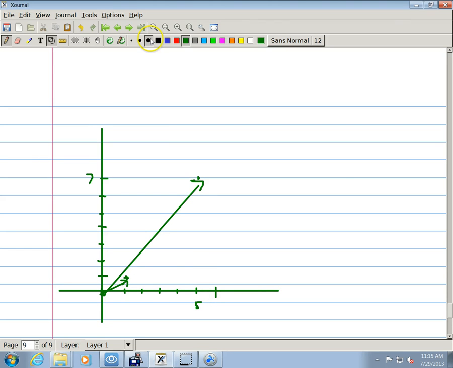Yeah, this is not drawn correctly. Wait, I got to do this better. Yeah, i is horizontal. Yeah, I don't like how this works out. Hang on. Let me try this again. All right, I got to be more precise, okay? So here's 5. 1, 2, 3, 4, 5. Here's 7.